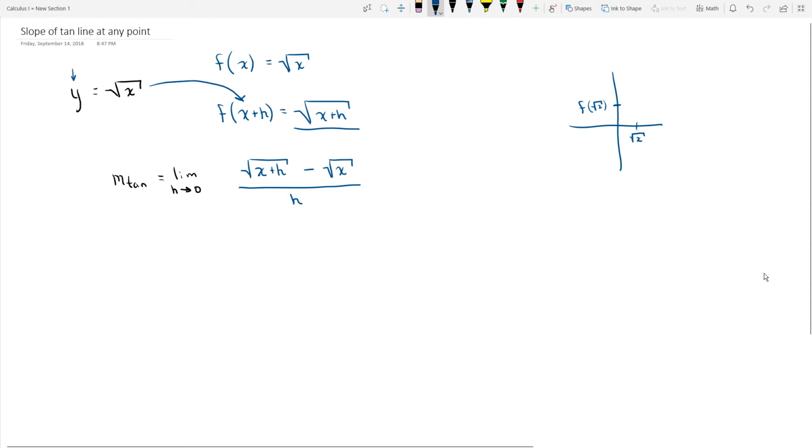And as you can see, we have a problem immediately. If we tried to substitute 0 for h, we would be dividing by 0.